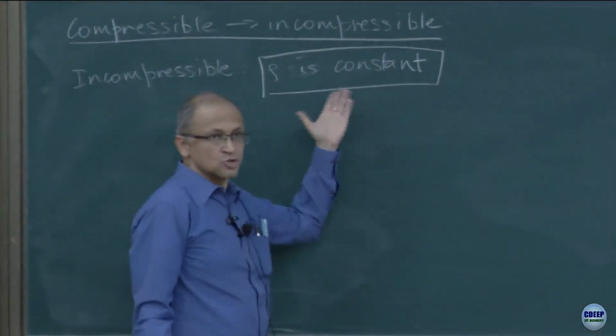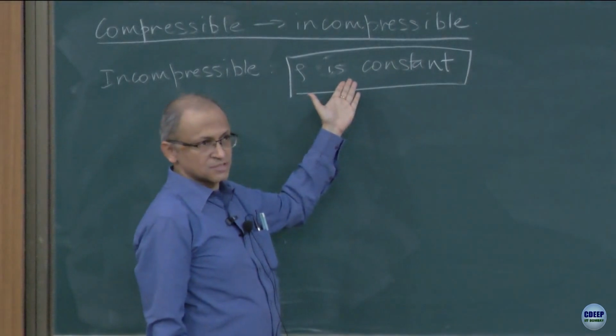Now if density is a constant, we are thinking of density being changed because of the flow itself. We are thinking of density as a flow property. And if density because of the flow itself is changing, then we are not going to satisfy this condition.